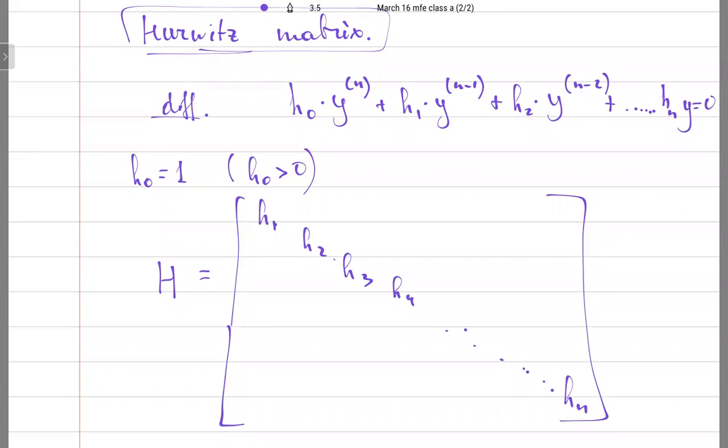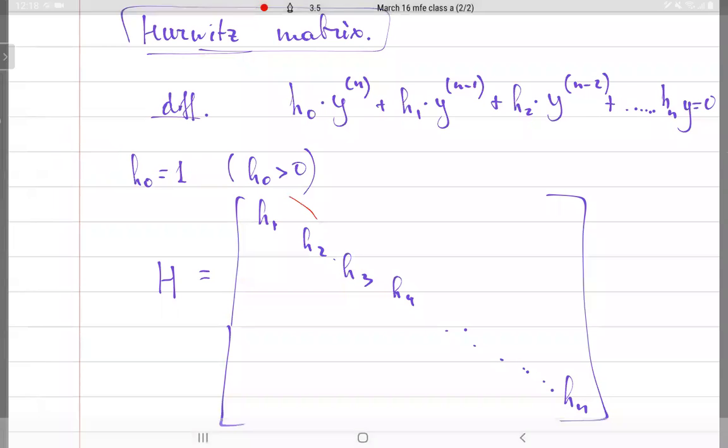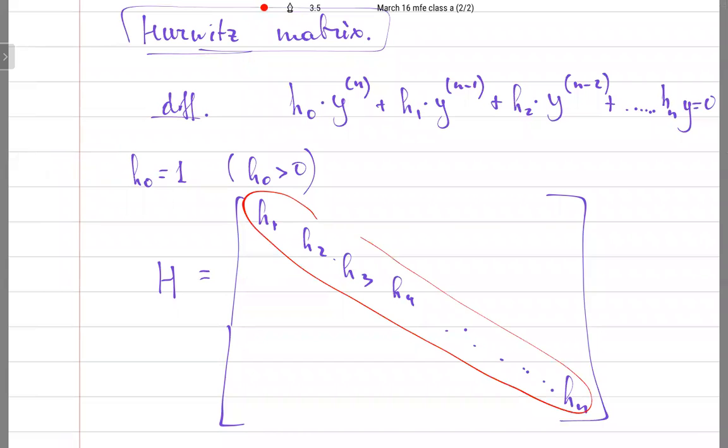Step 1, you just fill the diagonal of the Hurwitz matrix, and then you go down in every column. So you fill column by column. So my way to memorize the Hurwitz matrix is the following.